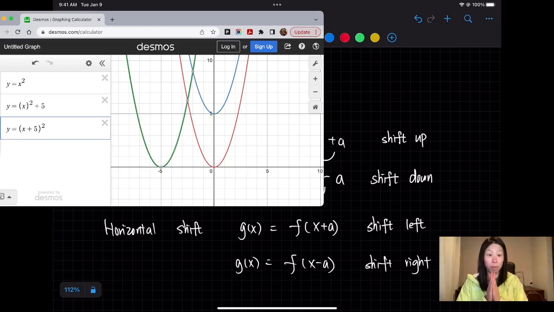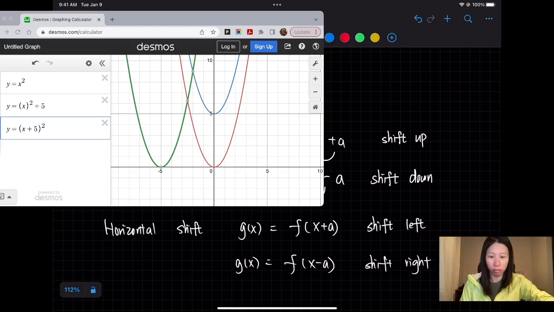That means if you plus a number, you shift to the left, not to the right, because I made a mistake verbally in our first demonstration. But do you see the difference between these two? One is you add it at the end of the whole function. The other one is you add it inside of x. You're just working towards the x.